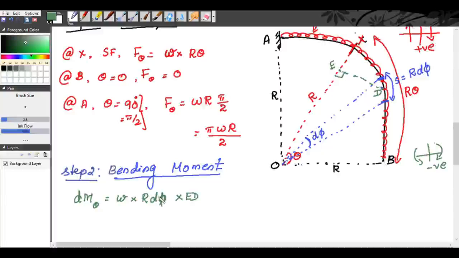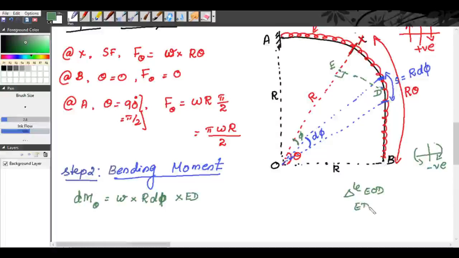ED. Now, see this angle I told you, for this smaller stripe the angle subtended by this smaller stripe at O is dφ, and this angle is taken as φ. So you take triangle EOD.